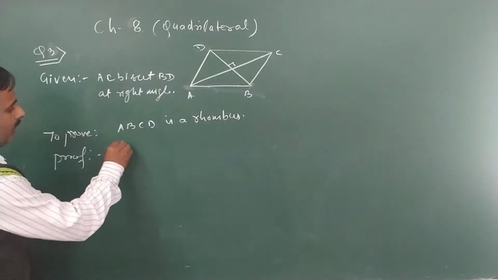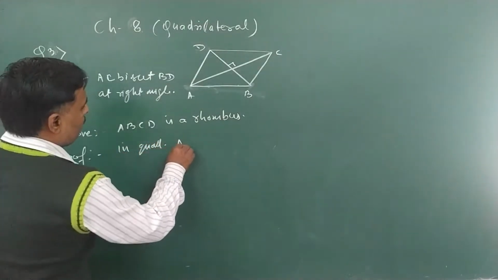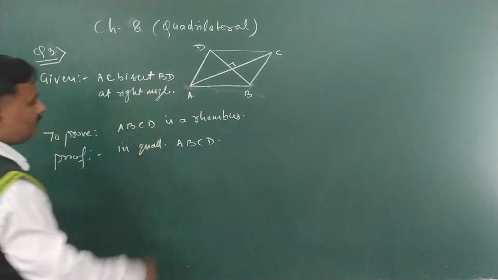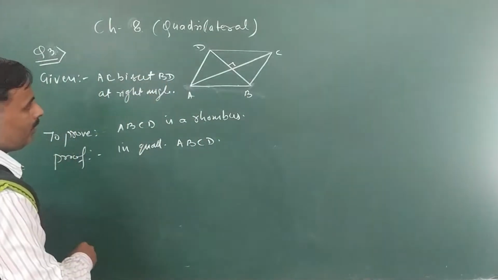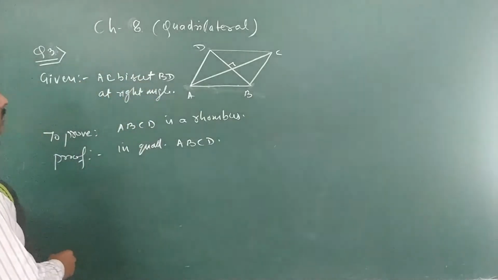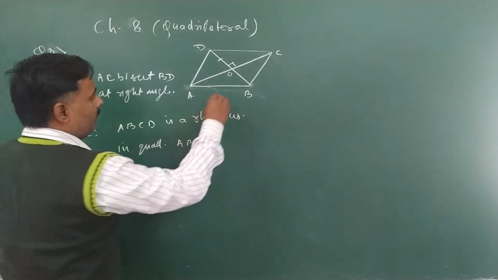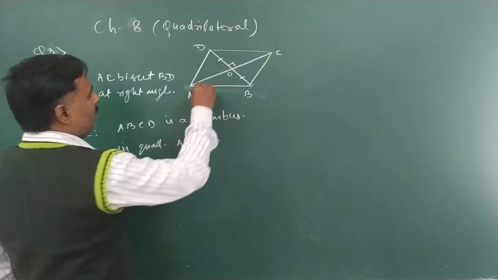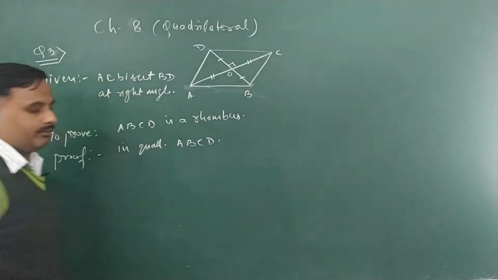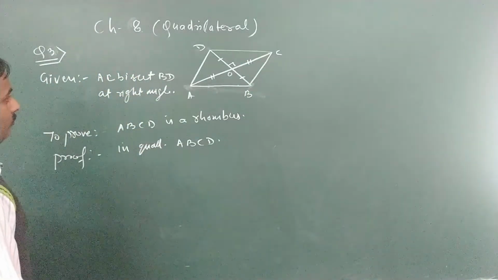So in quadrilateral ABCD, what is given? It's given that the diagonals are bisecting at 90 degrees. Means if I am just putting O here, OB is equal to OD, OA equal to OC.